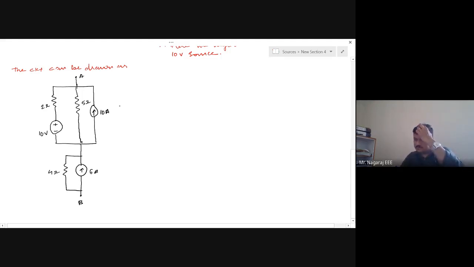So this is the circuit shown. Then we get this new circuit after I neglect the redundant resistors present in the circuit.